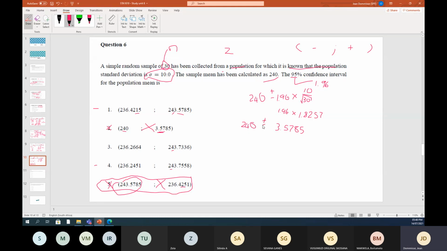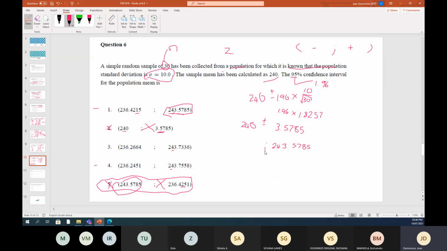So your top one will be the 240 plus, so it will be 243.5785. Okay, cool. So that one is correct.